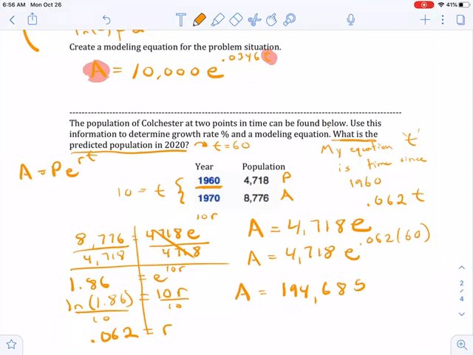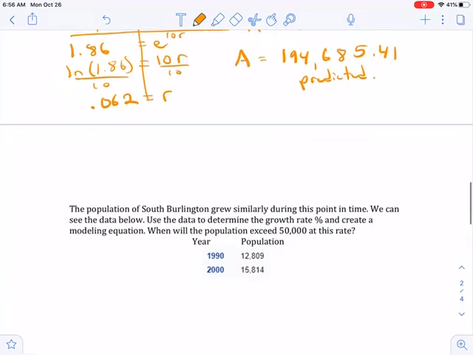So 194,685.41 is the predicted population if I use these two data points from 1960 to 1970. Seems like there was a lot of growth between 1960 and 1970, so that obviously didn't hold true on into the future.